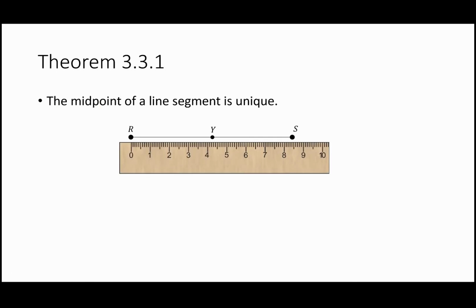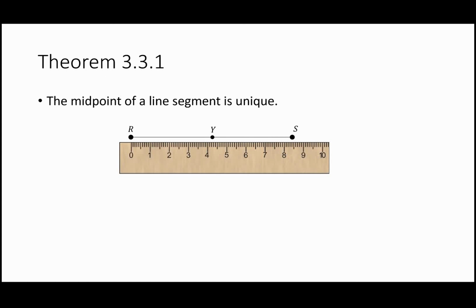So as a visual, we can rely back on our RY, YS line segments and note how the position of point Y was special in that it was being categorized as a midpoint, because the measurement on either side of it in terms of the endpoints of the line segment were equal to each other.